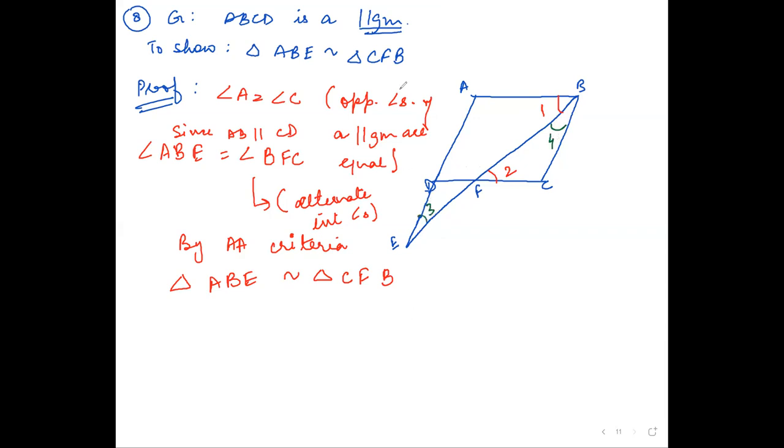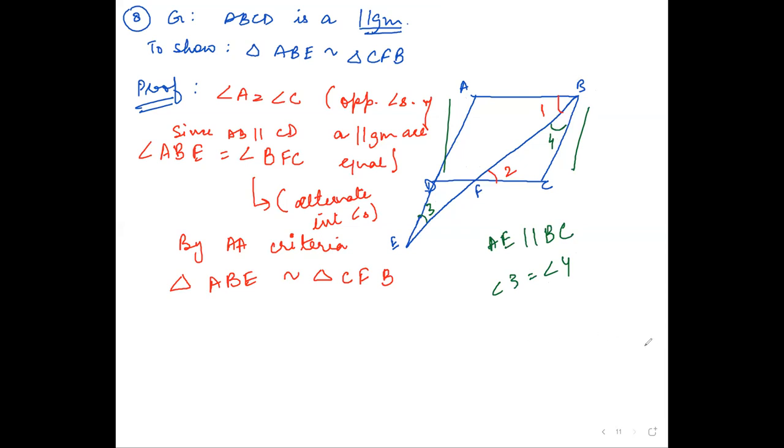This is also equal because you know AD is parallel to BC and AE is actually AD extended. So that means ultimately AE is parallel to BC. And again, angle 3 is equal to angle 4, which is again alternate interior angle. So any angle you can use, or you can show all 3 angles if you wish. So the AA criteria you can write. So both ways it can be done.